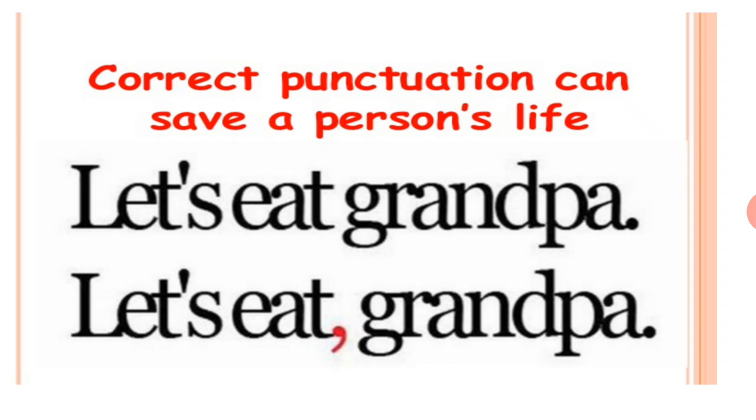So go through the first statement, "Let's eat grandpa." That means eat grandpa. But the second sentence, "Let's eat, grandpa," is the correct sentence. The main idea is to express being ready to eat. That is the main meaning.